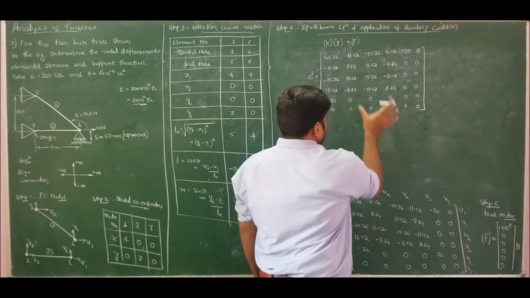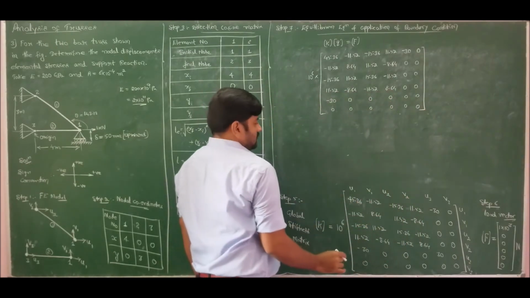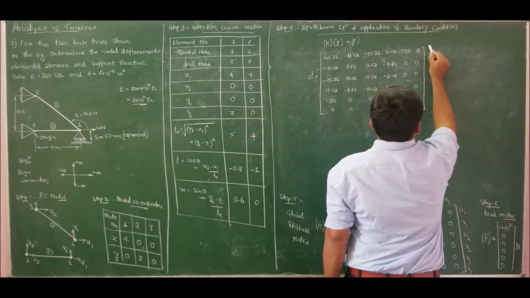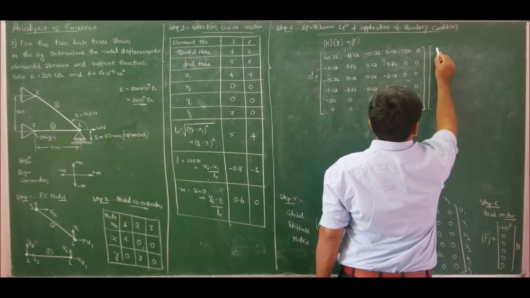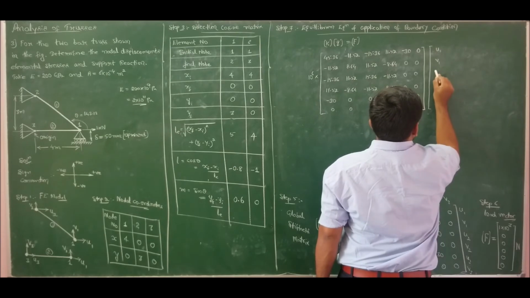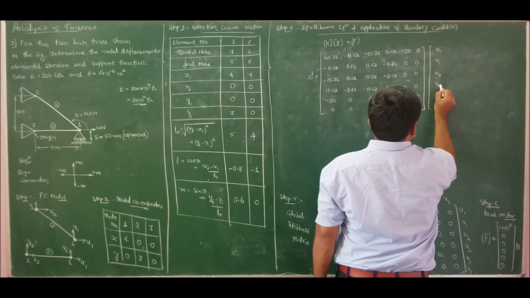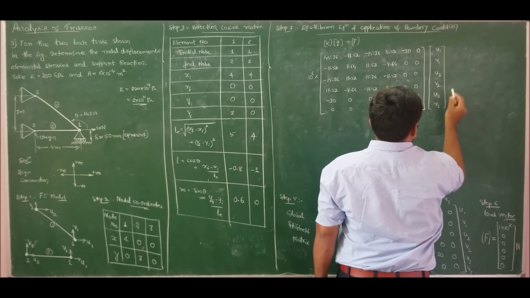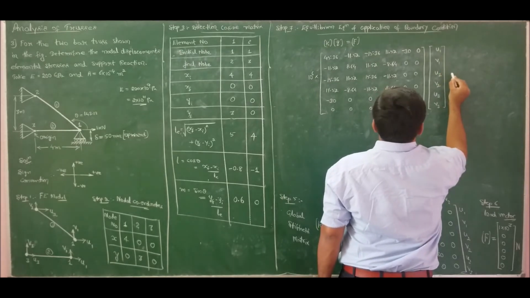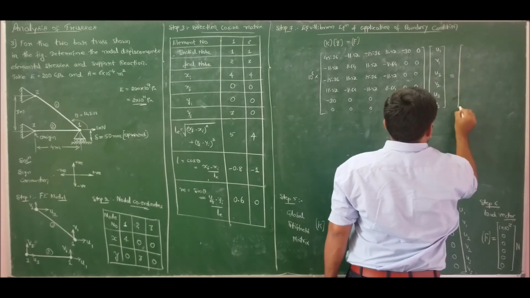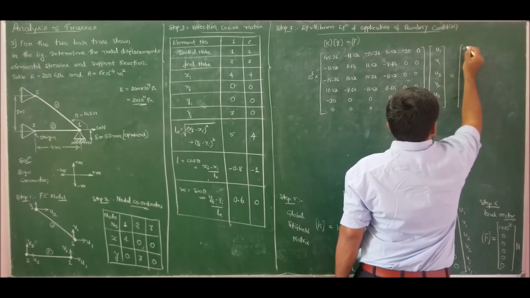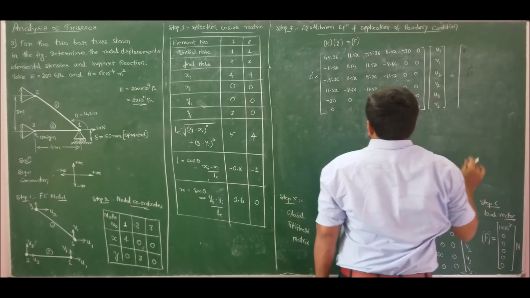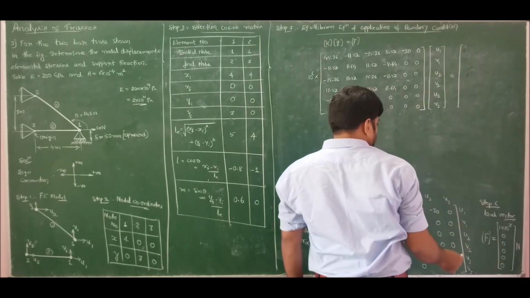Now we have copy pasted the global stiffness matrix. Next, Q matrix is nothing but displacements U1, V1, U2, V2, U3, V3. K into Q is equal to F. F matrix is, let me take 10 to the power of 6 common, thereby I can simplify easily.